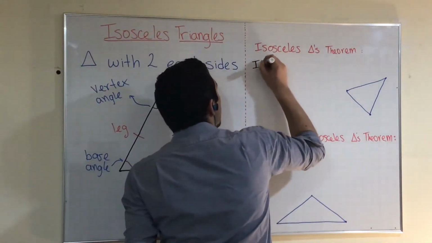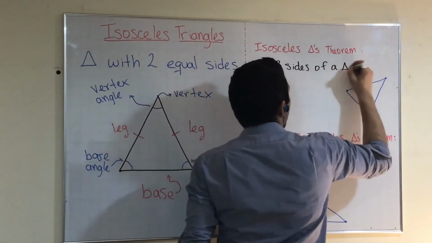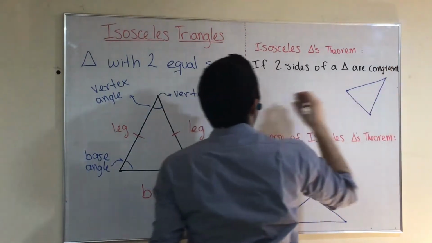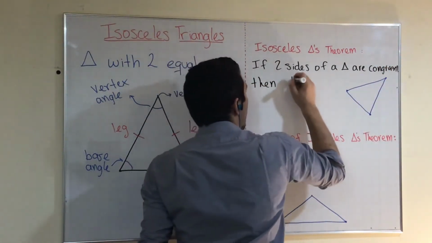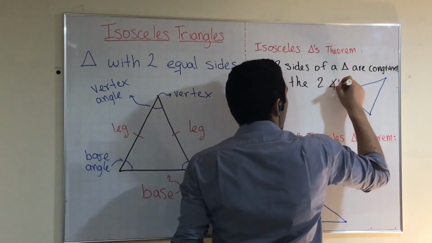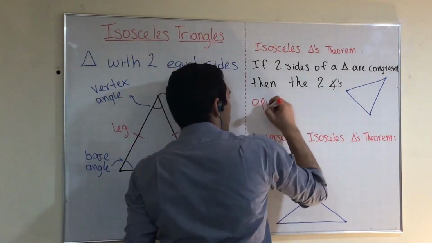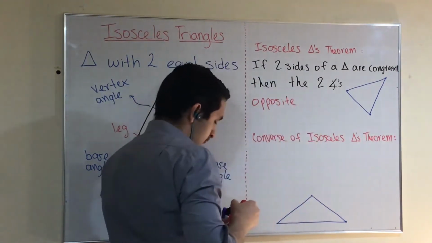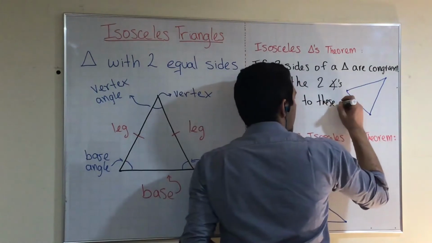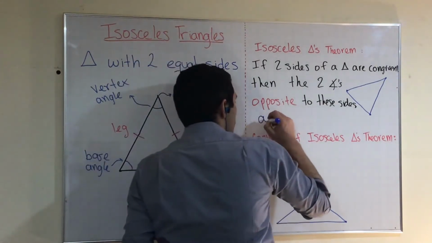If two sides of a triangle are congruent, then the two angles opposite to these sides are also congruent.